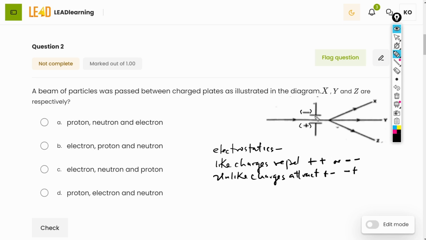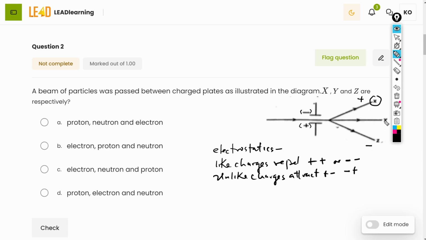So what this means here is that for X to be attracted towards the negative terminal, it means that X must be carrying a charge that is opposite to the negative terminal. That means X is carrying a positive charge. And then for Z to be attracted or deflected by the positive terminal, it means that Z must be carrying a charge opposite to the positive terminal, which is negative.